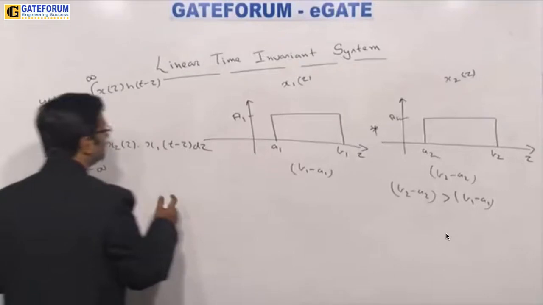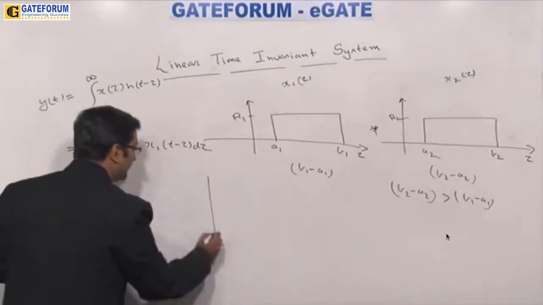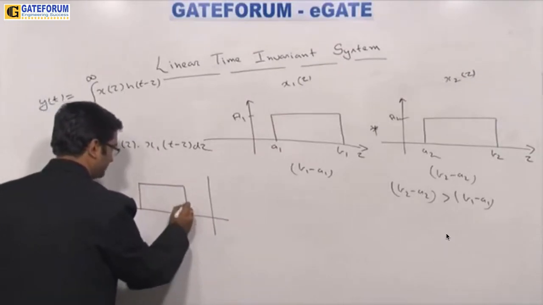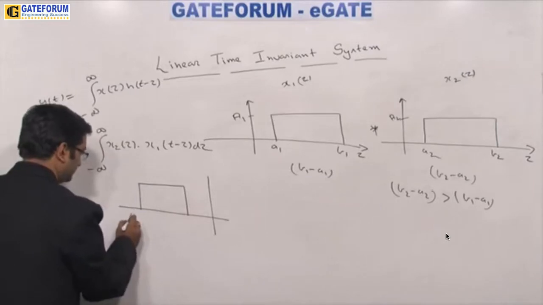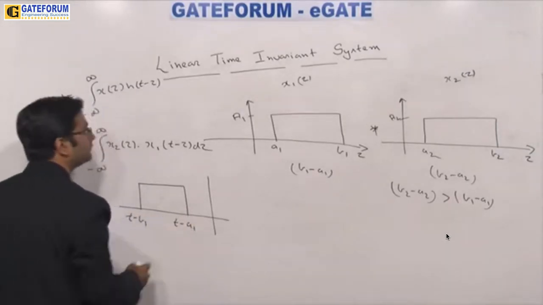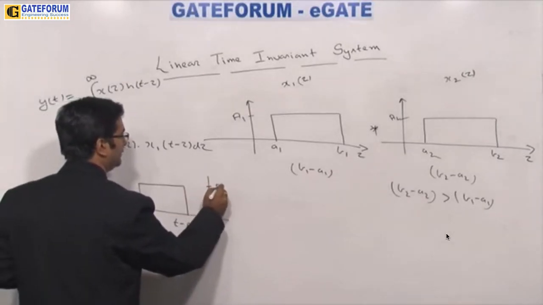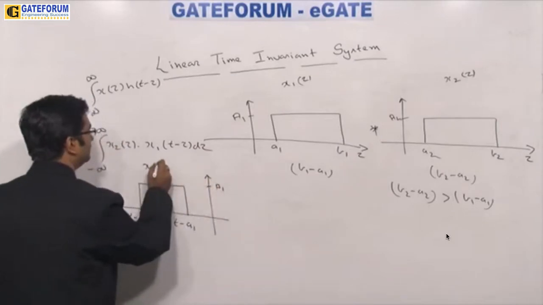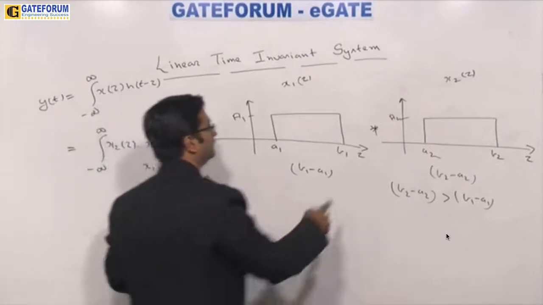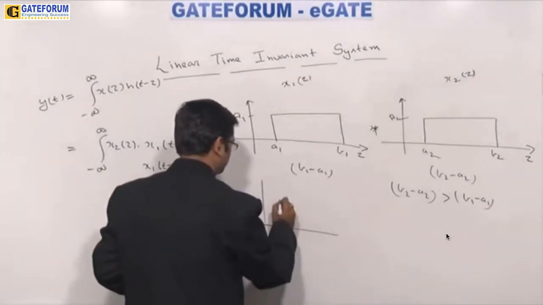What should I do? x1 of t minus tau, again apply the time shifting property and time reversal property. You will get it as this. T minus a1, and this amplitude is a1. This one is your x1 of t minus tau, and this one is your x2 of tau.